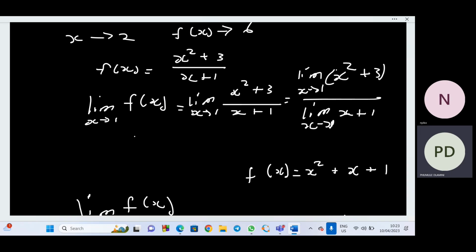So the answer, the limit of this when x approaches 1, is going to give us 1 plus 3 over 1 plus 1, which equals 4 over 2, which equals 2.